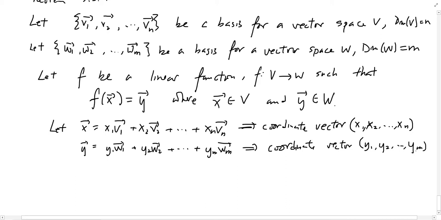So now this is essentially what the theorem states. The theorem states that these two coordinate vectors actually have a correlation between them. The coordinate vectors are related by the following matrix.